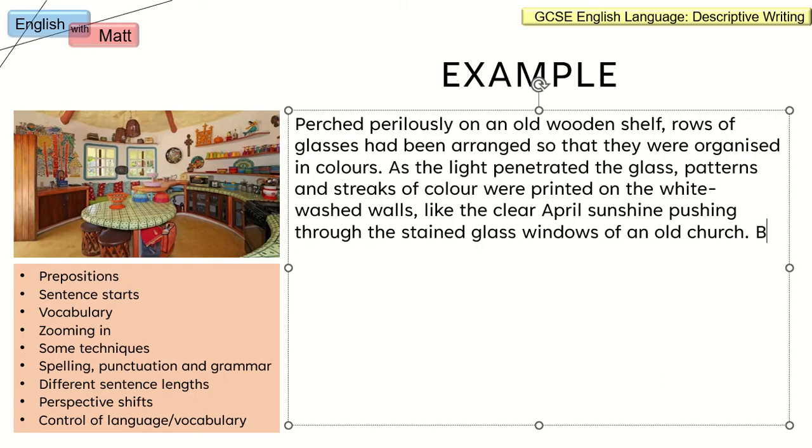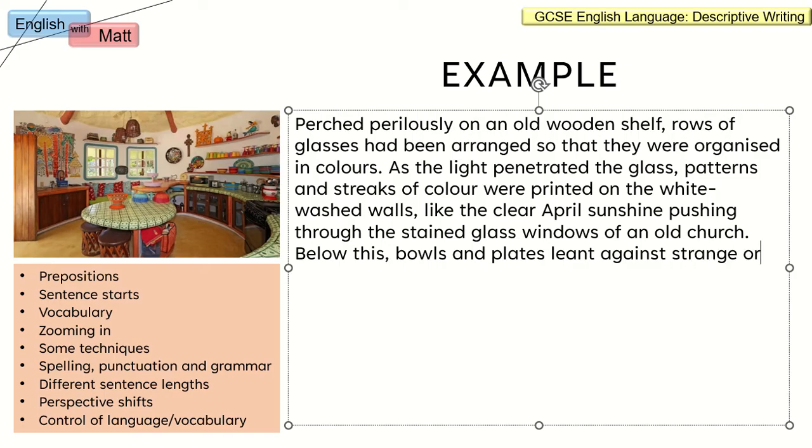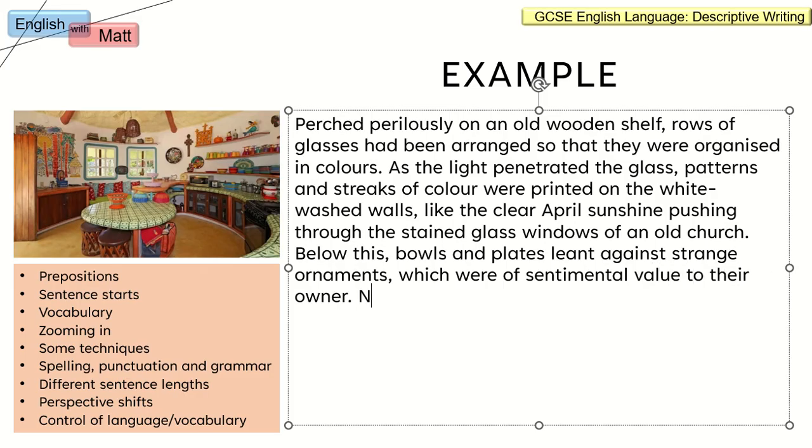And let's use a preposition, so below, so to do with location really. Below this, bowls and plates lent against strange ornaments, because some of this is quite mysterious, which were of sentimental value to their owner. Another preposition, next to the shelves.